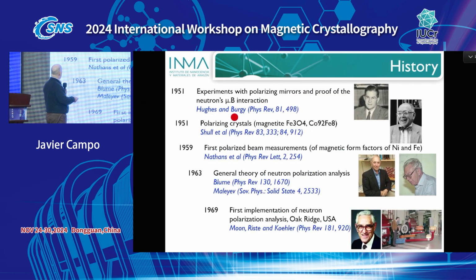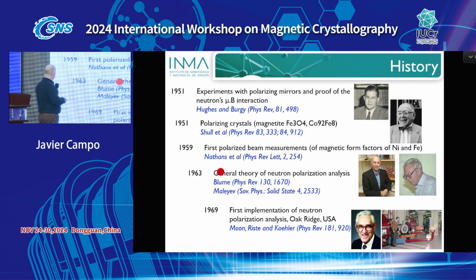Later, Hughes and Burgy in 1951 did the first experiments with polarized mirrors, a proof of the magnetic dipolar interaction. Clifford Shull here did in 1951 the polarizing of crystals of iron three oxygen four and cobalt, the Heusler.